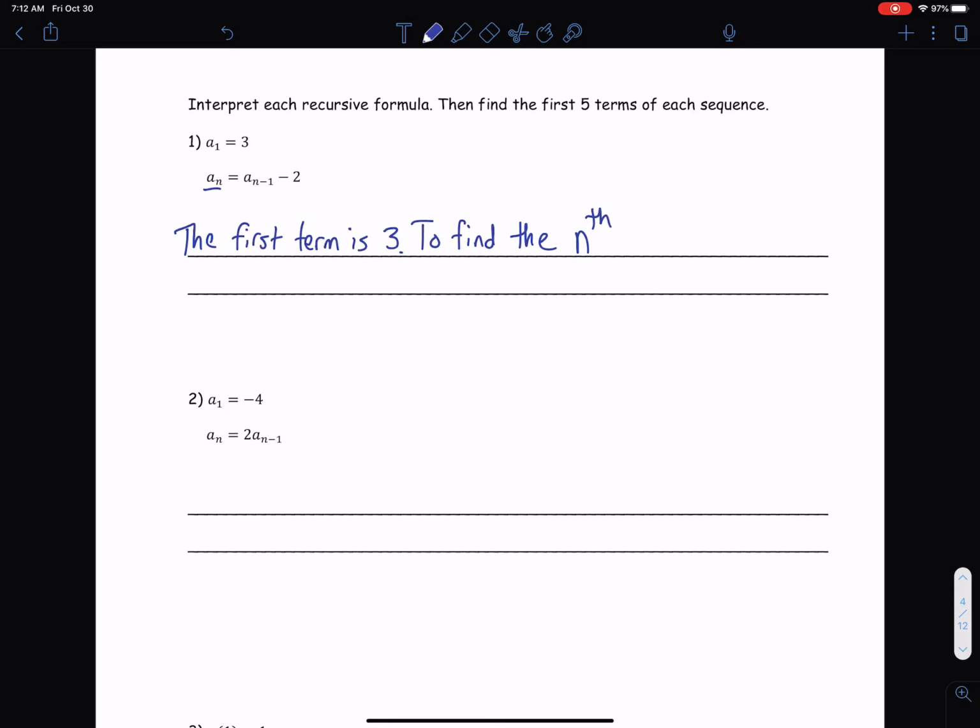So say it was A5, it'd be the 5th term, but it's n, so we say the nth term. Take the previous term, which is A sub n minus 1, and subtract 2. So the first term would be 3. Subtract 2 to get 1. Negative 1. Negative 3. And negative 5 would be the first 5 terms.